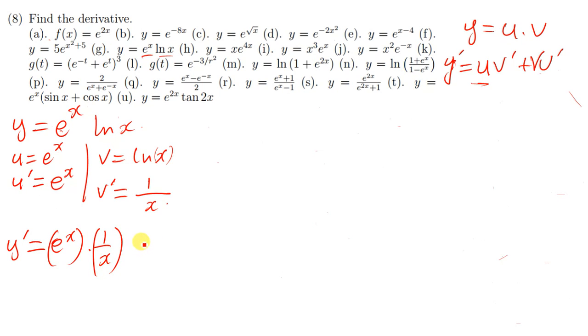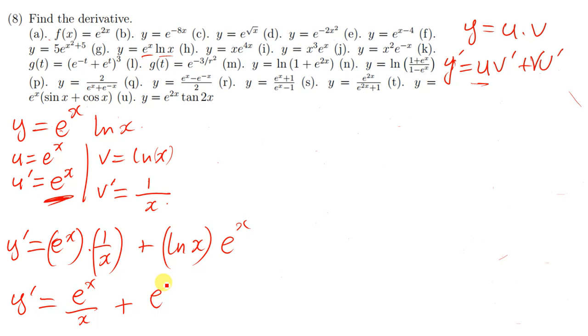Then plus the value of v, which is ln x, and we're multiplying it with u prime, which is simply e to the power x. So our y prime becomes e to the power x over x plus e to the power x ln x. This is our y prime.